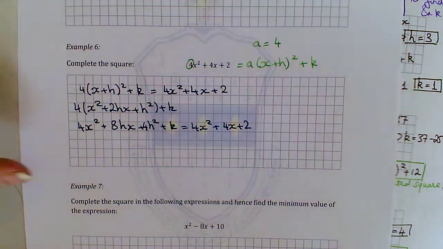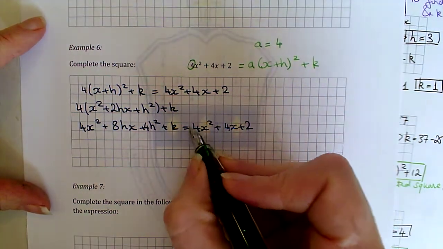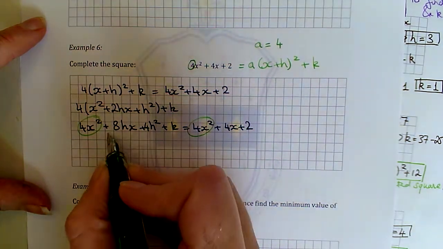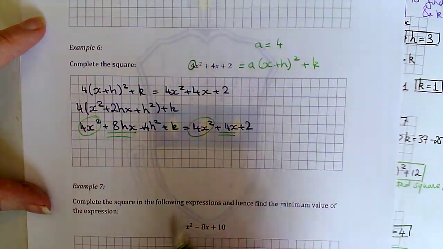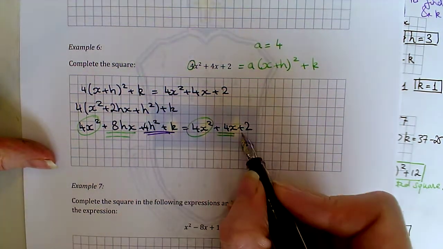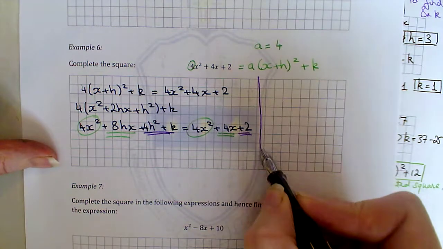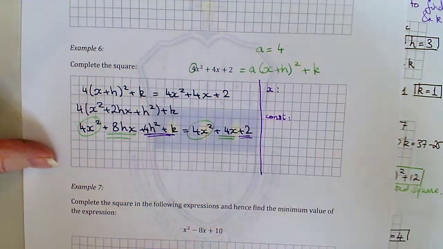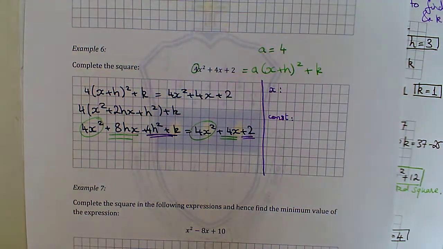And now my x squareds are the same on both sides. So I can compare my x terms and I can compare my constant terms, remembering that the constant term is everything that doesn't have an x or an x squared in it.